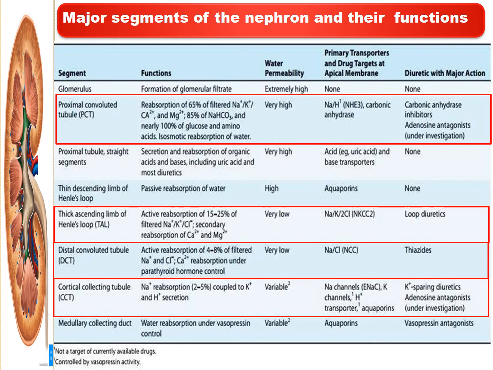Then the fourth one is the cortical collecting tubule. The main function of this is sodium reabsorption of up to 2 to 5%, coupled to potassium and hydrogen secretion. This site shows variability in water permeability, and the primary transporters are the sodium channel and the hydrogen transporters.